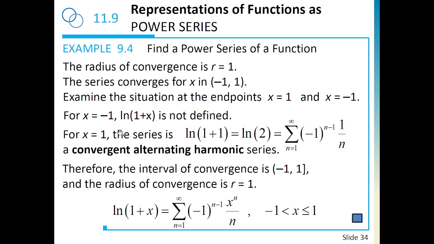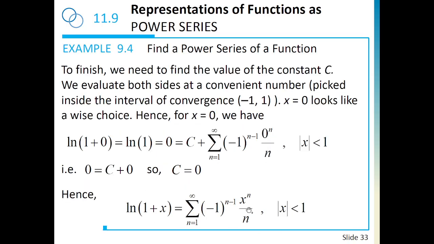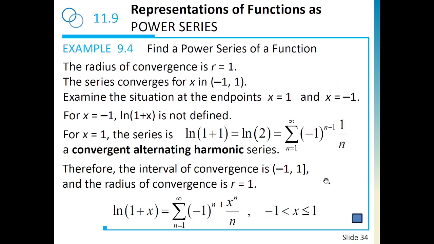Now let's examine the other endpoint, x equal 1. So I plug 1 instead of x, so 1 plus 1 is ln 2. And on the other side here, I plug 1, simple. So I get this series. Obviously this is an alternating harmonic series. It's convergent, we know it, by the alternating series test.